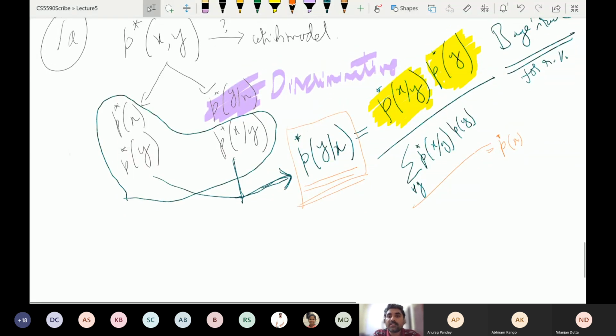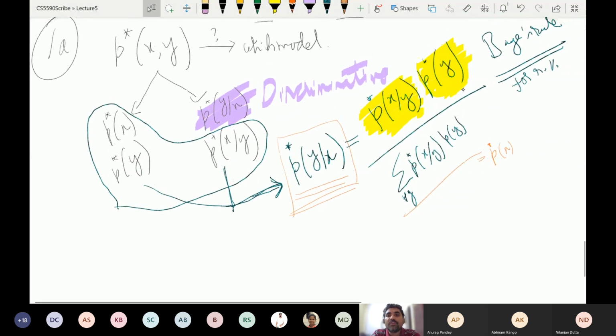Now let's ask this question: do you know of any model that can model the marginal over the outputs in this case of binary classification? Which model will you use to model p star y?